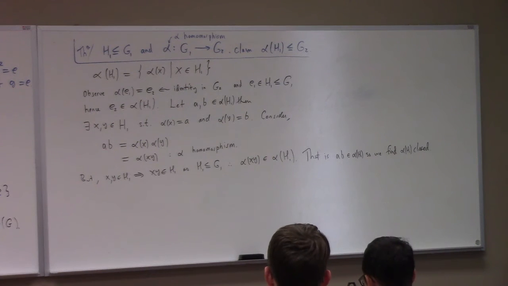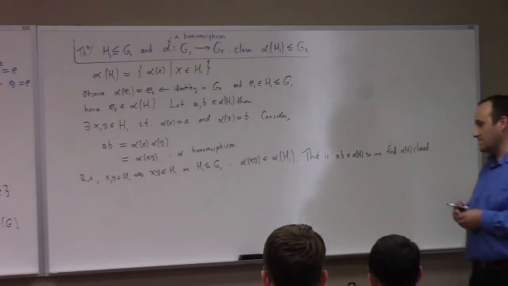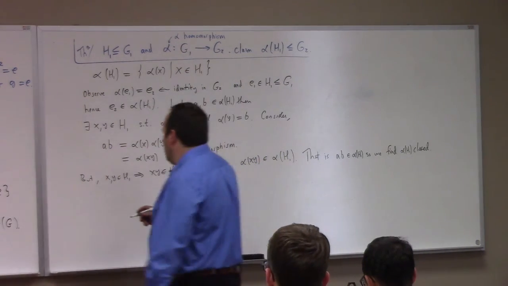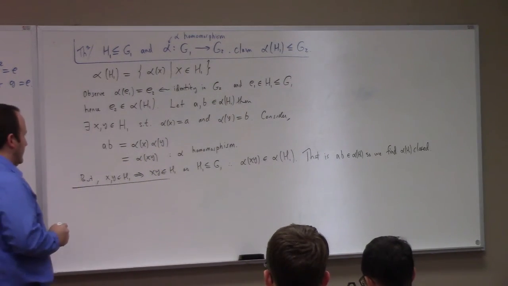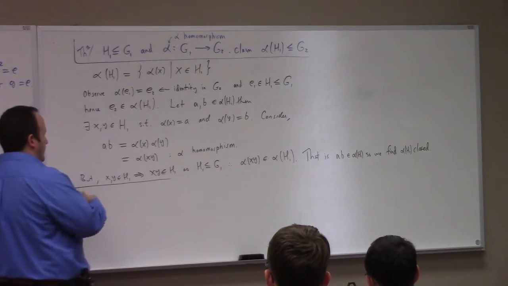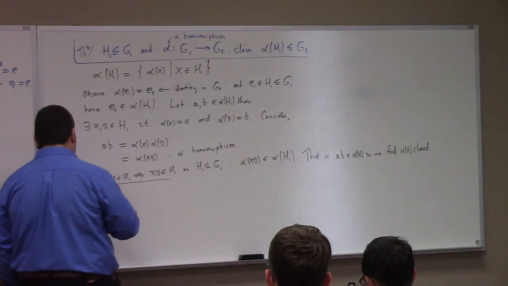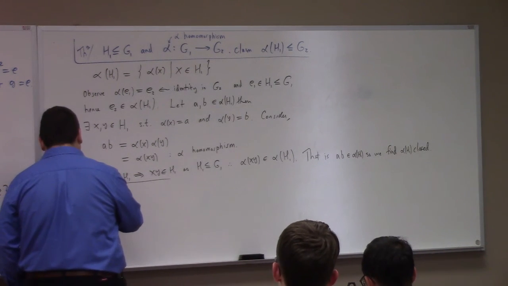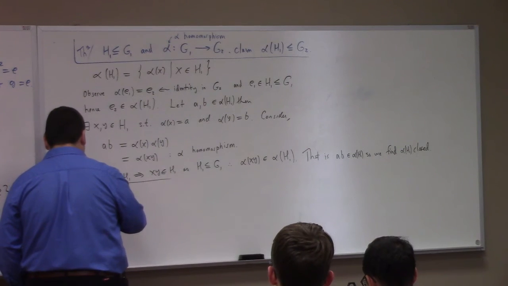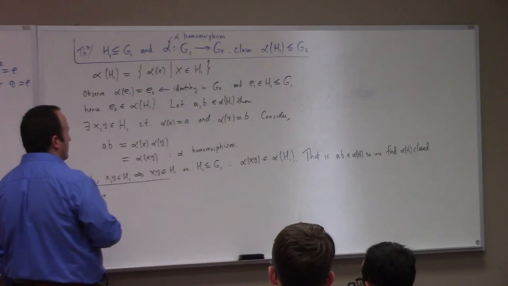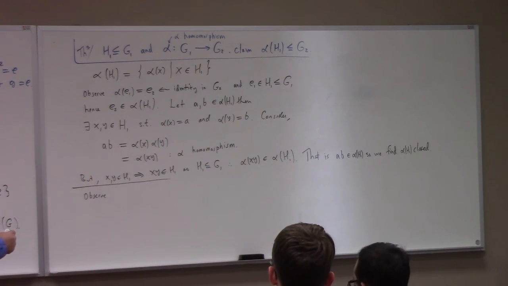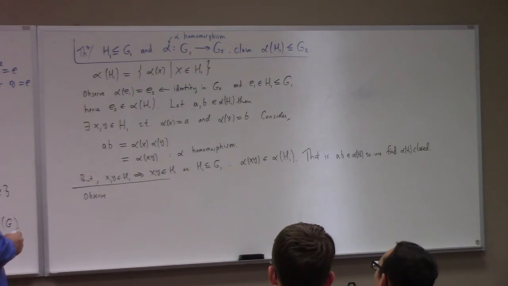Then we need to do what? Inverses. We need to show it's closed under inverses as well, right? So, let's see here. Continuing, observe. I always get hung up on the silly inverse part.